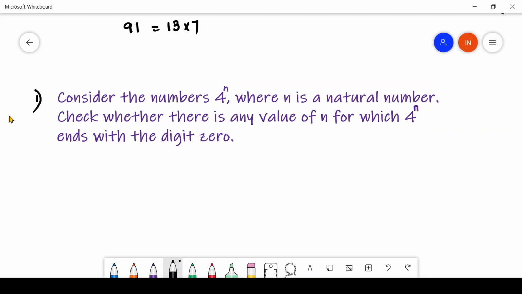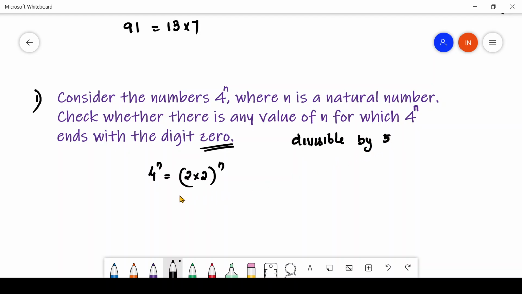First of all, let us see how we can write this 4 raised to n as a product. When we factorize, we can write it as (2 into 2) the whole raised to n, right? If it ends with 0, we can say that the number is divisible by 5.